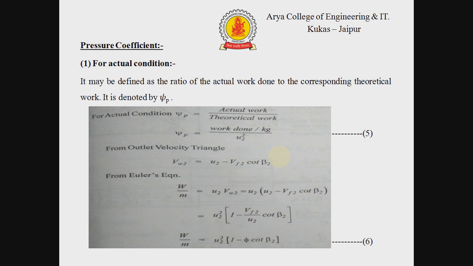So from the Euler equation, work done per kg, W by M, is equal to U2 into VW2. Putting the value of VW2 in this relation, by mathematical process we get the value of W by M in terms of flow coefficient phi, shown by equation number 6.